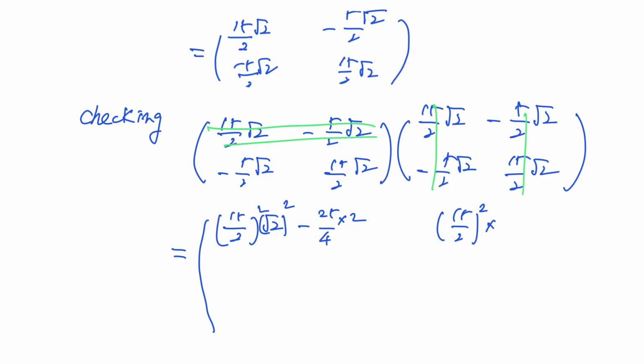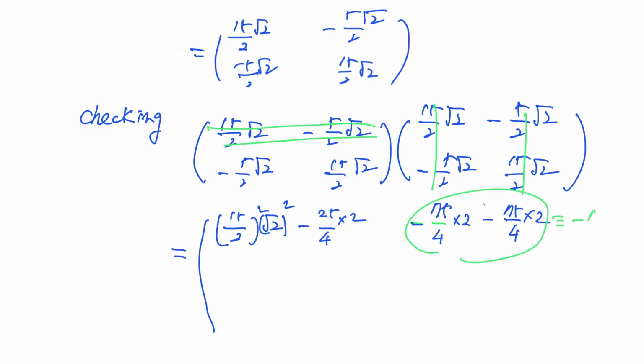The second product is minus 4 times 75 times 2, so this is actually minus 75.